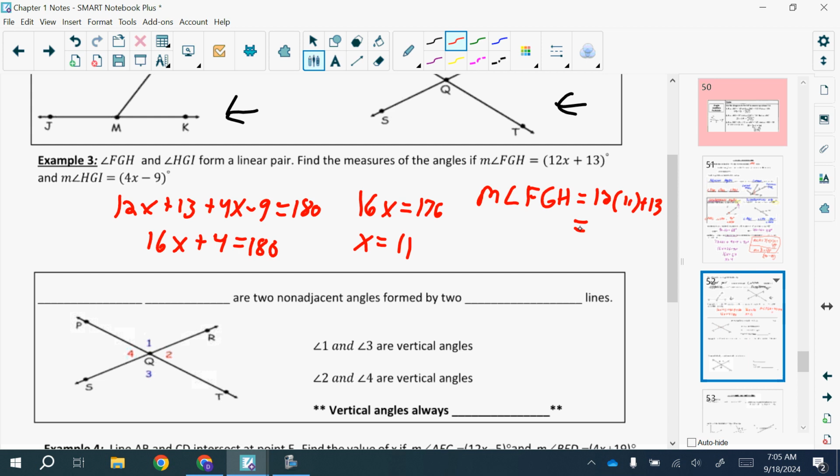When you simplify that, you end up with 145 degrees. For the other angle, HGI, you can just plug x in or just subtract 145 from 180. If you do that, you end up with 35 degrees.